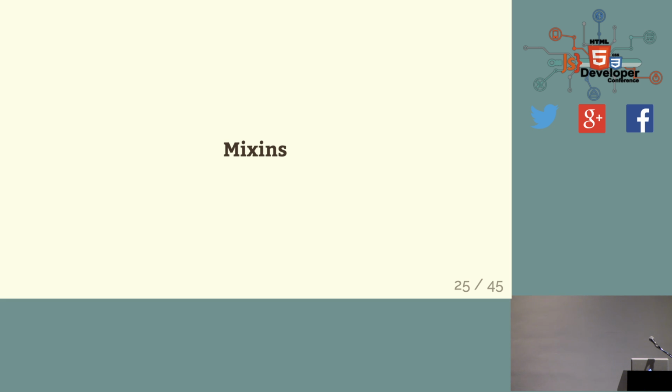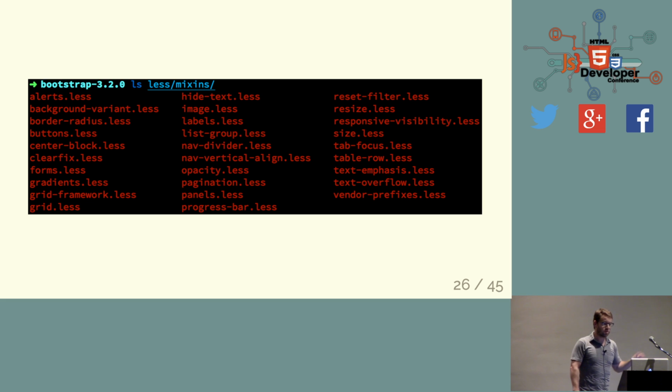This is not scary hacker stuff if you're not familiar. So most of Bootstrap is built with these mix-ins. These are all of the mix-in files. And you see there's alerts, and there's images and labels, and forms and tables and all of this stuff. These are all mix-ins, and let's real quick run through one of these, kind of how this works.